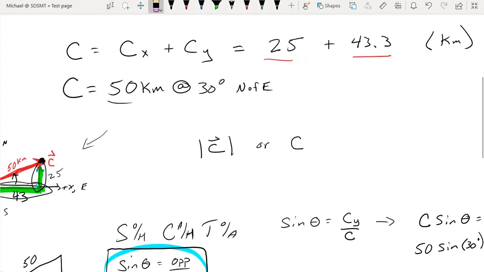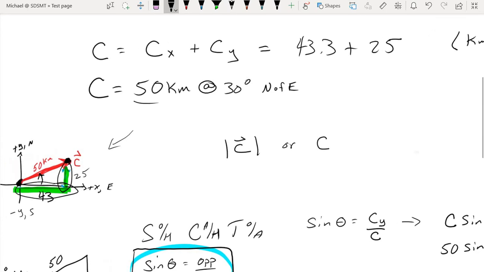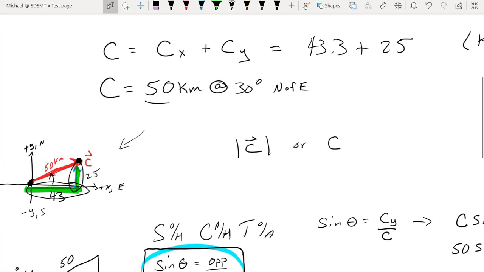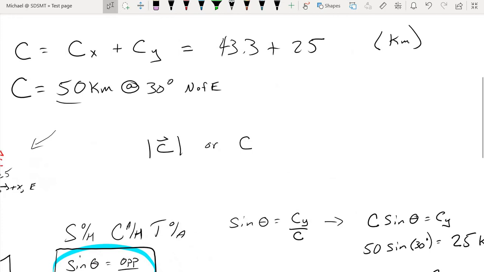Sorry, I have these backwards, don't I? That's the hard part about doing an online video, is you don't have anybody to catch your mistakes for you. But okay. So our two components are lying in completely different axes. We have one component that is an x component, we have one component that is a y component.